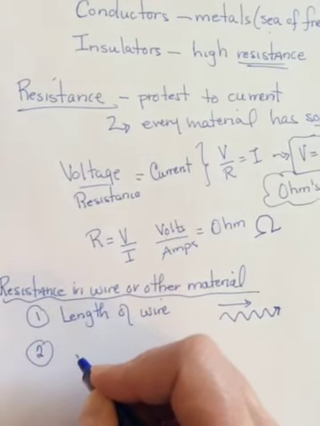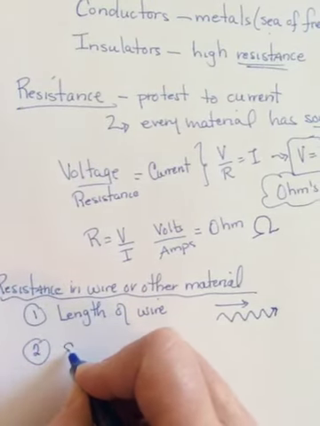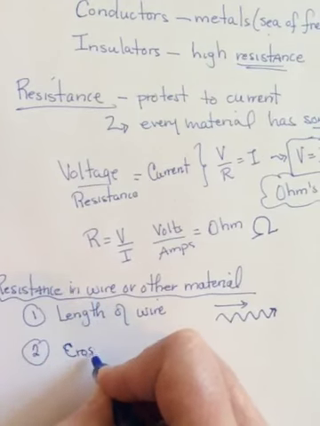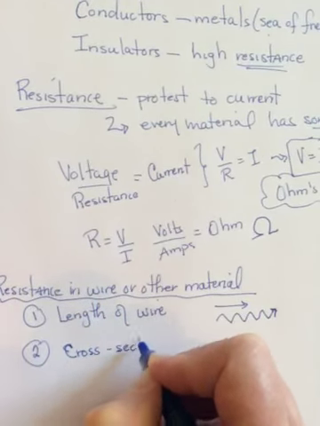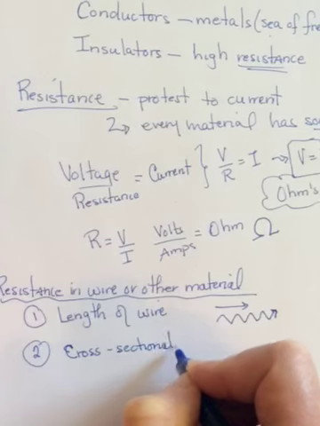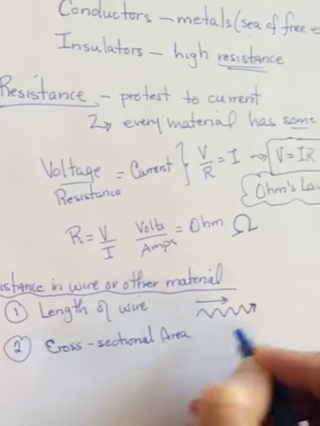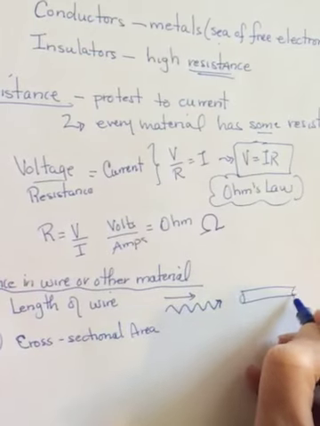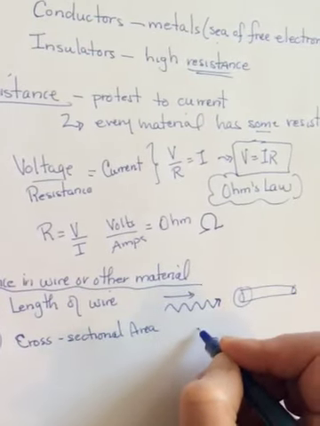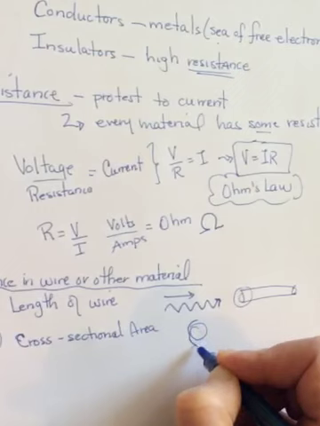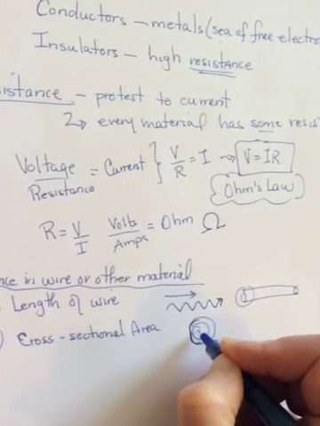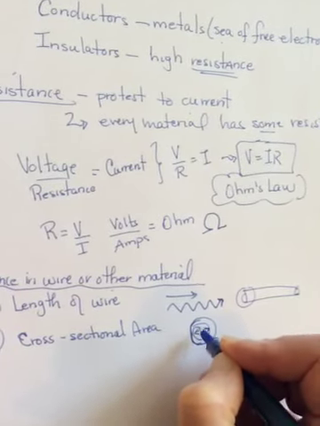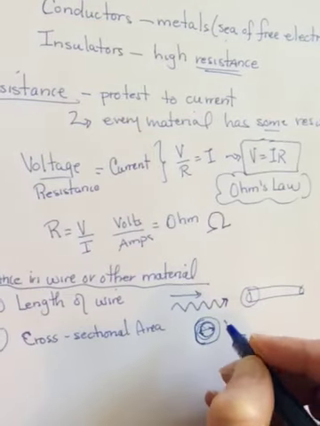The second thing that it's dependent on is what's called the cross-sectional area. If you take a wire, the cross-sectional area is this end. So it's how big the wire is in its cross-section, dependent on the diameter or the radius of the wire.